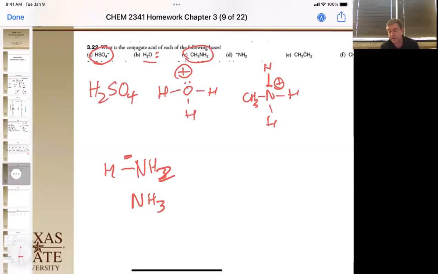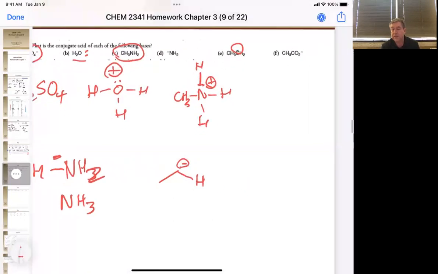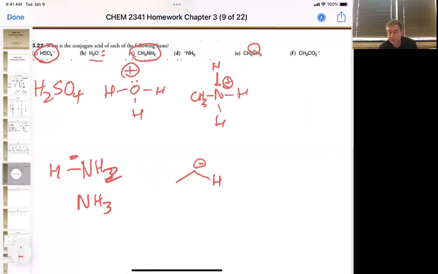Okay, so in this case here, it looks like we have a negative charge on that carbon. And it means when we add a hydrogen to it, it's just going to turn it into ethane. Okay, and our last one here is CO2 minus with a methyl group on it. So that means it's a carboxylic acid salt. And if we add a proton to it, it'll turn it into the carboxylic acid. So these are the conjugate acids to each of these bases.